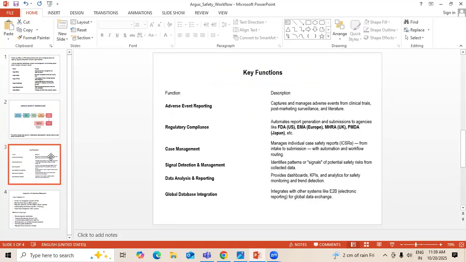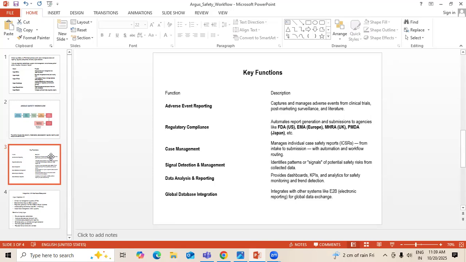One of the key functions is adverse event reporting, which captures and manages adverse events from clinical trials, post-marketing surveillance, and literature, as this is all part of pharmacovigilance.